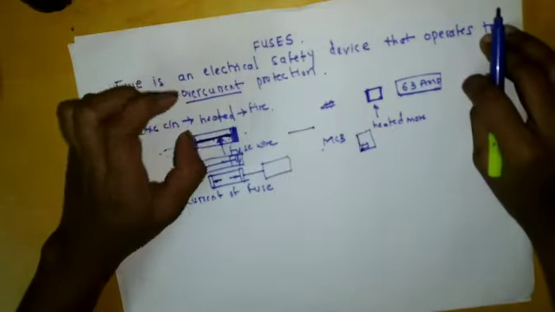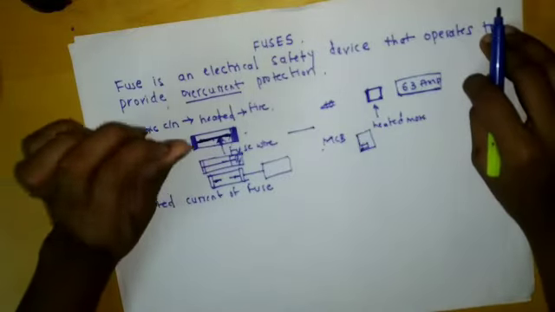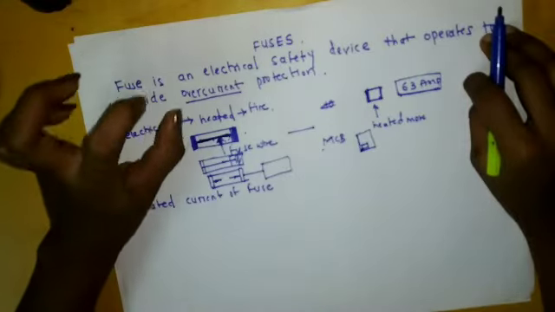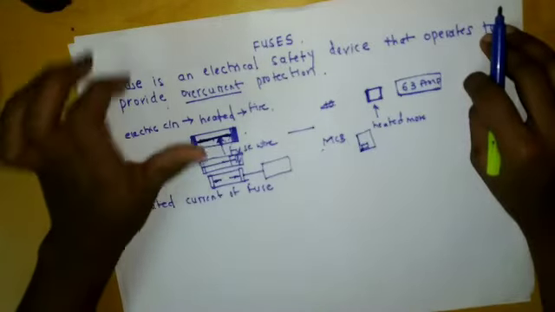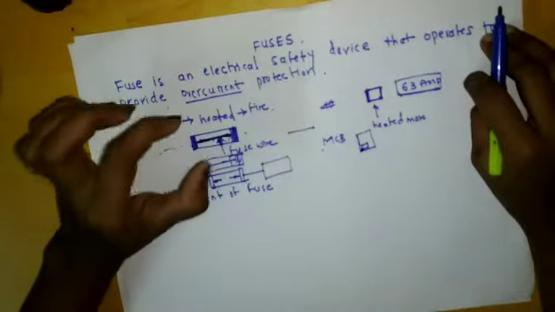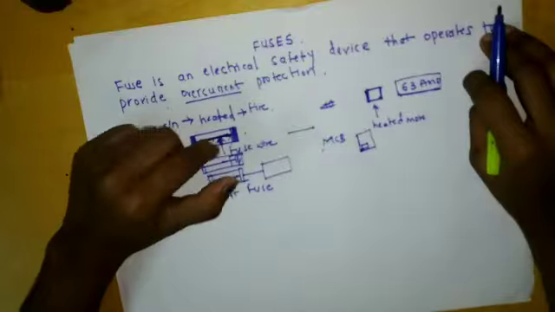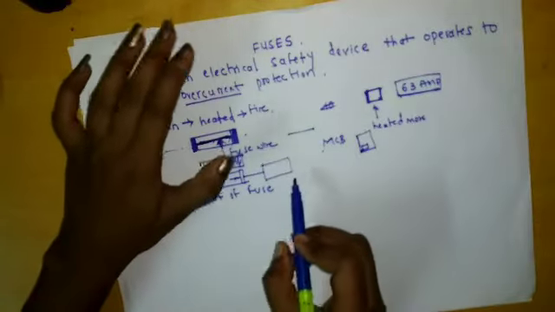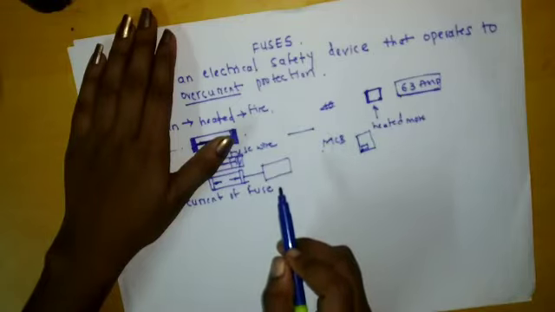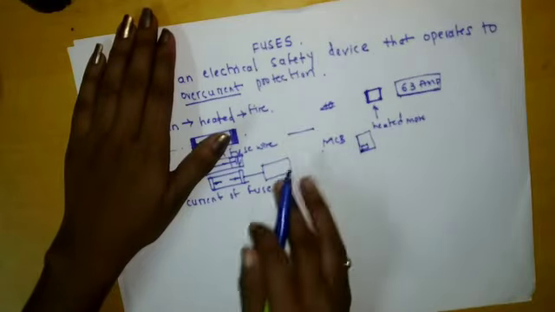So the fuse wire is always connected in the live wire. The size of fuse wire should be of the rated value as per the known rated current and not on the melting current. Okay, so it must have the rated current value. It should not depend upon the melting current value.